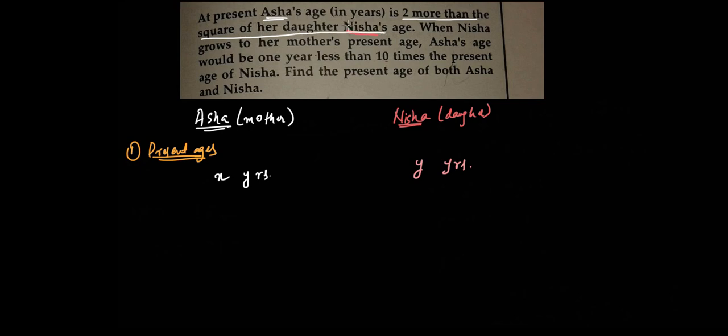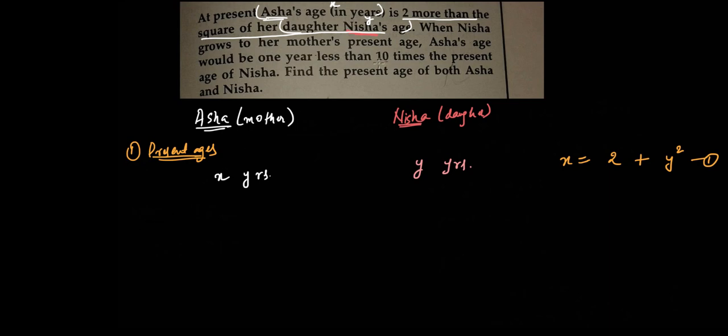So X is 2 more than square of Y. So one relation that I get from here is very clearly that X is equal to Y square plus 2. This is my first relation that I can easily see from here.